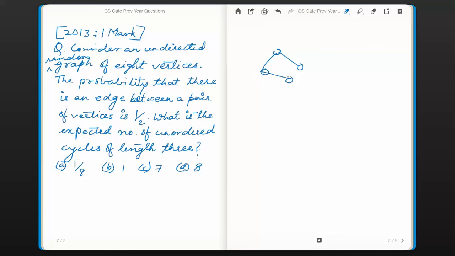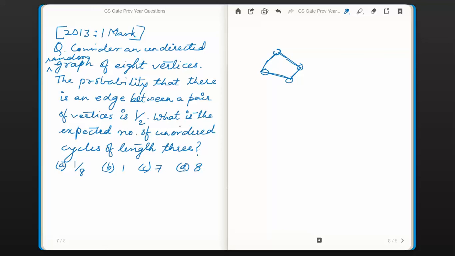It is a closed path which starts from, say, this vertex and ends on this vertex, and none of the vertices in this path are repeating.